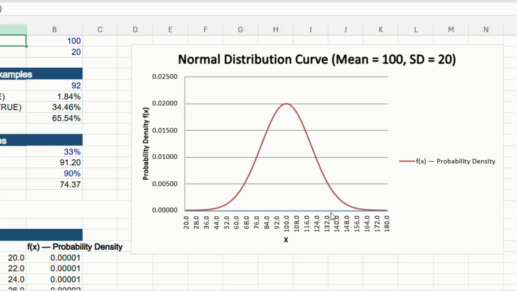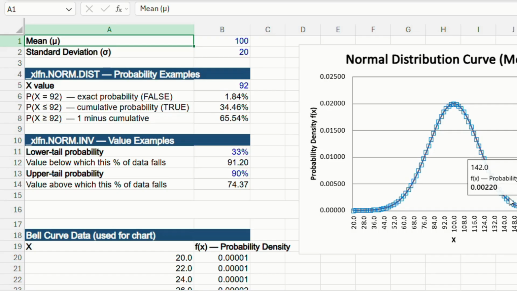And 99.7% of values fall within three standard deviations, which is 40 to 160.